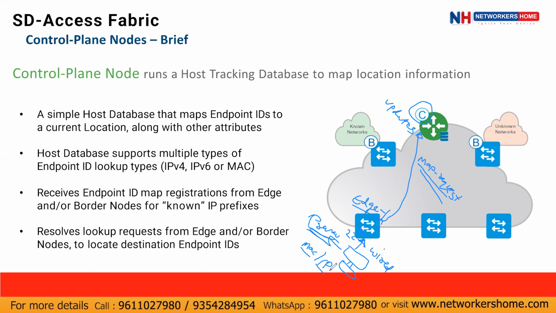And it has the capability, like we discussed, it's very similar to the DNS lookup or the DNS resolution. So it resolves lookup requests from edge or border nodes to locate destination endpoint IDs. This is nothing but the endpoint ID. Clear?